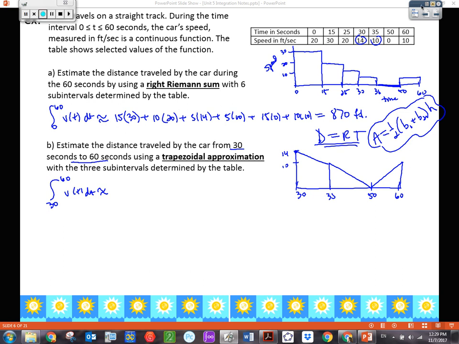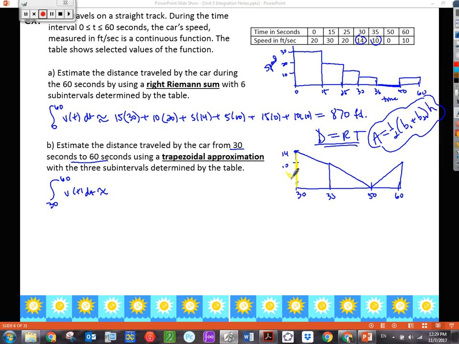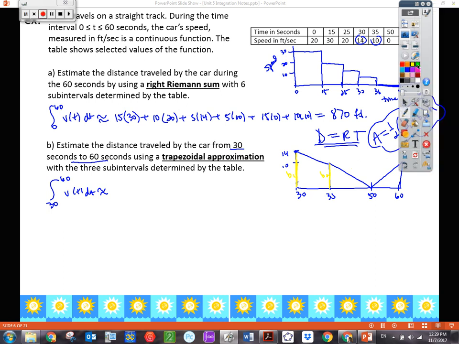We're going to call this base 1 and this is base 2, so it's kind of tipped on its side. And then this one is actually going to be our height. Think about the difficulty if I didn't do it that way. I would have to figure out this, and we don't have time for that. This is just an estimation technique. So that's the way that we use base 1, base 2, and height.